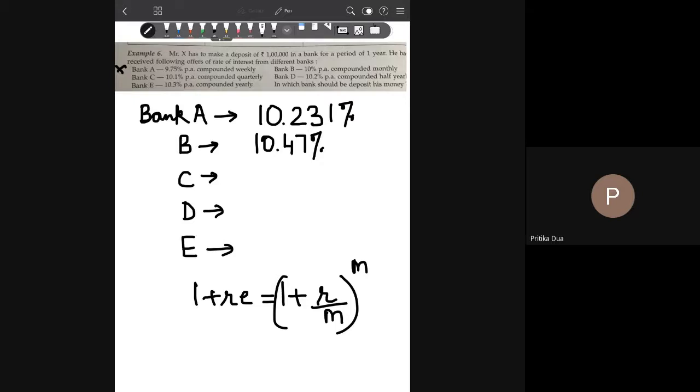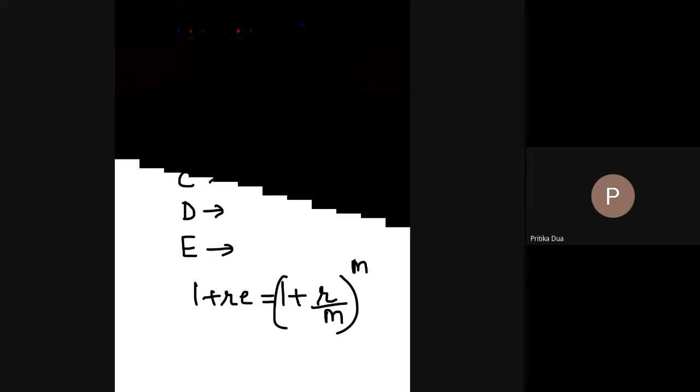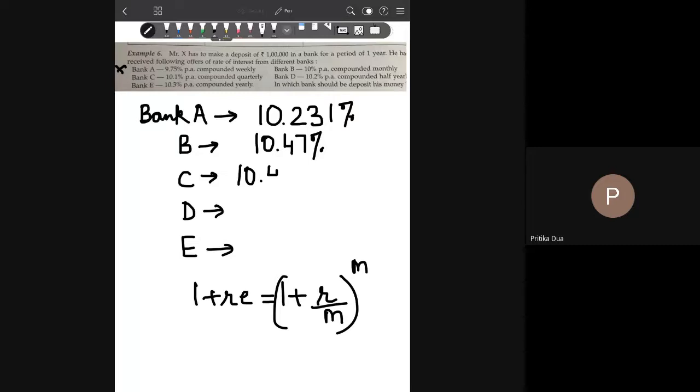Yes, so I should start asking individually then. No one is answering here. Yes, Tanvi, what is the answer for bank C? Okay, good. I have one answer for bank C, 10.48%. I'm still calculating. Just a minute. Fast, fast. Don't take so much time. 10.48 is correct for bank C.